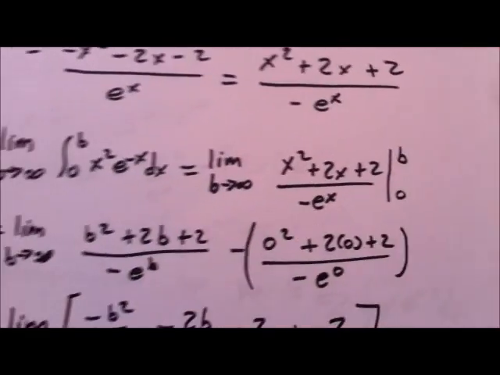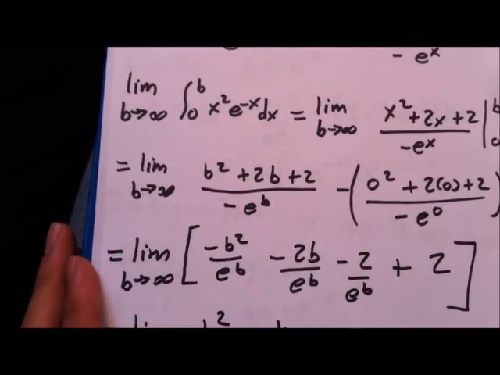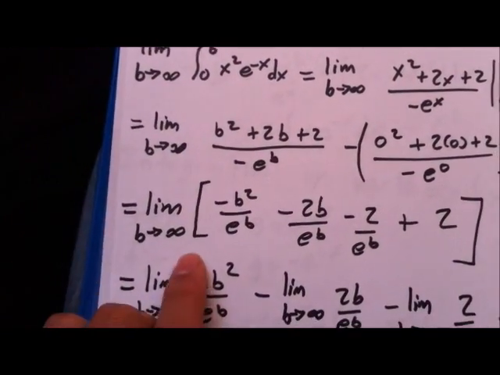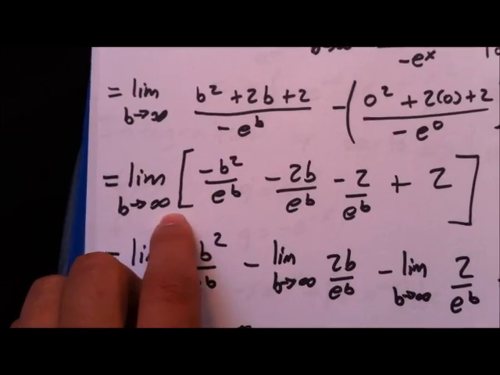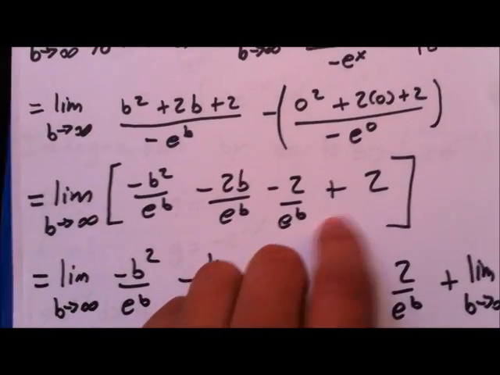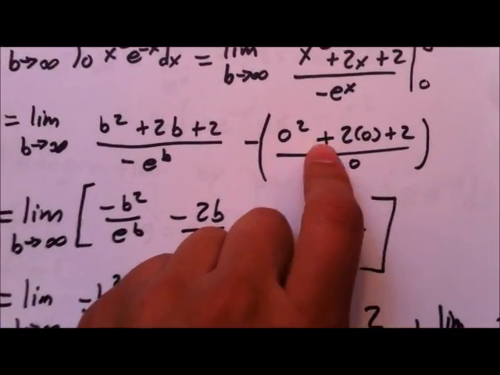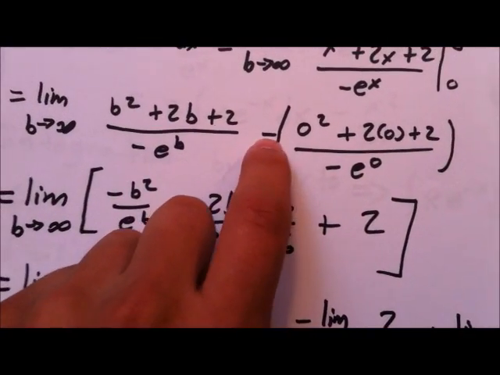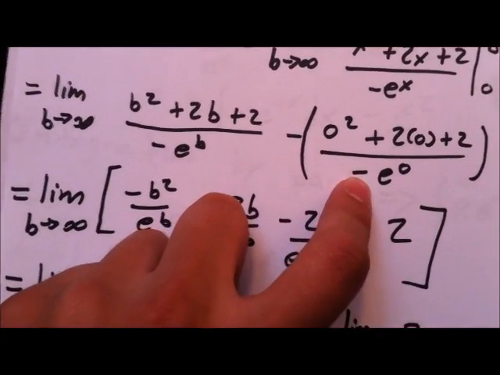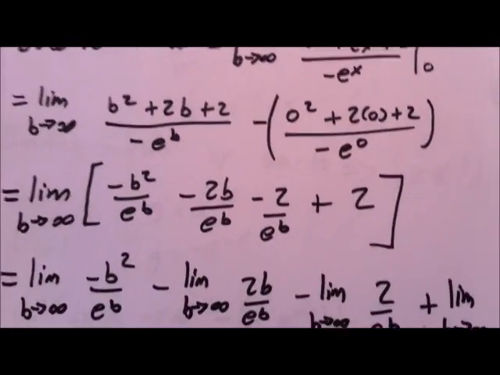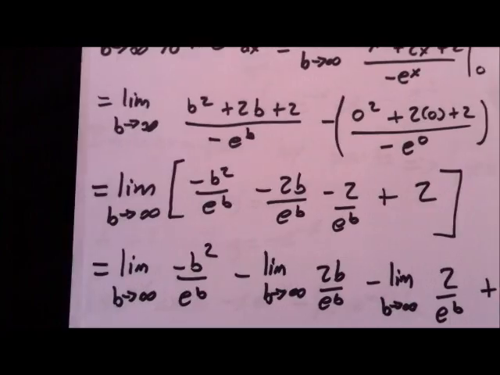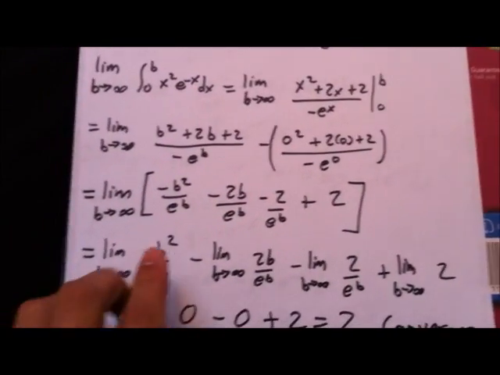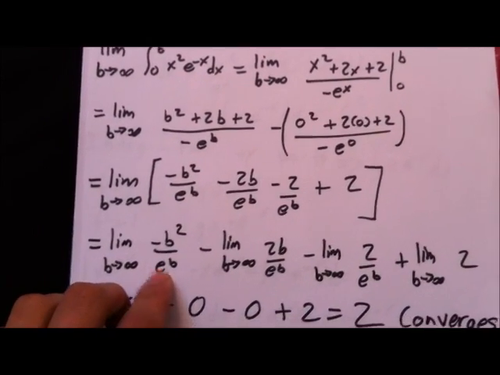When we plug in 0 and b, we'll get this, which will end up giving us the limit as b tends to infinity of all this plus 2, because this gave us 2 at the end, and a negative times another negative will equal positive. Then when we distribute the limit, we'll get all this, and then we can evaluate term by term.